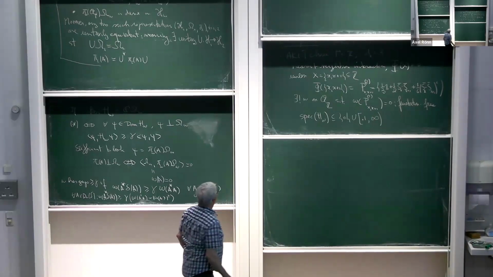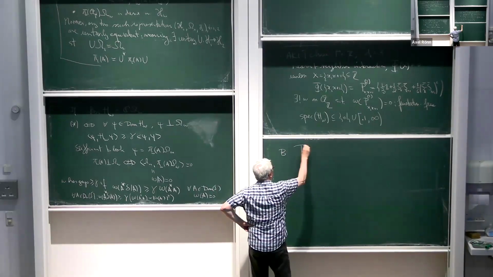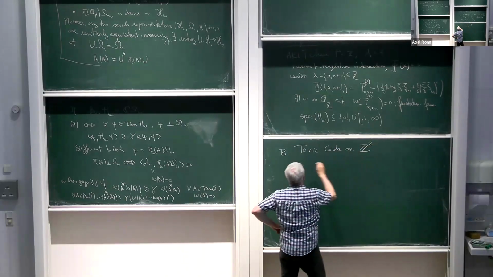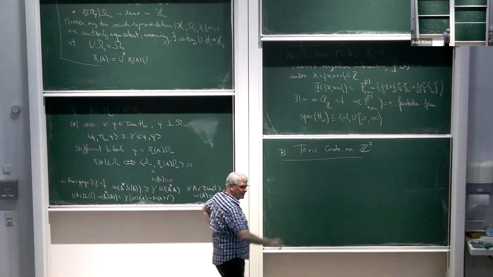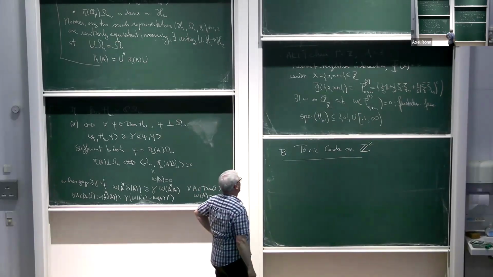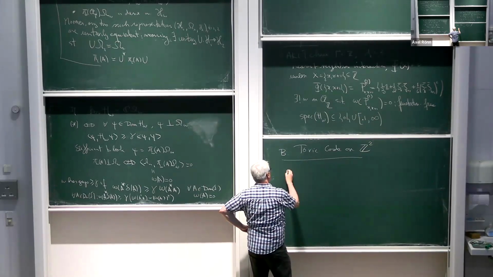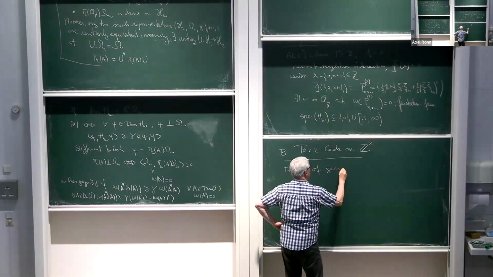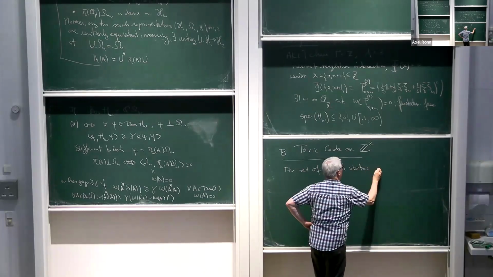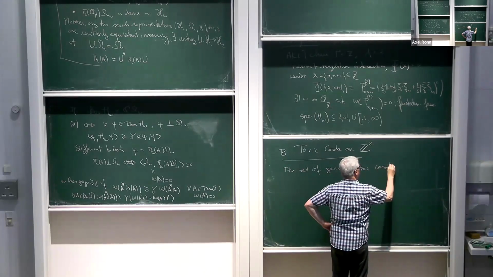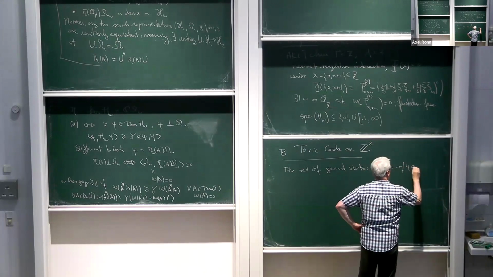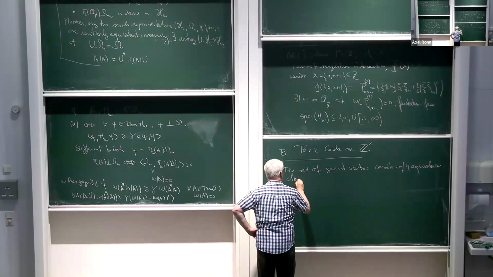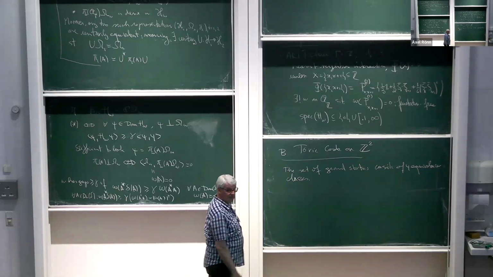Okay, so example B on Z2. The set of the states consists of 4 equivalence classes for various notions of equivalence, in particular unitary equivalence.